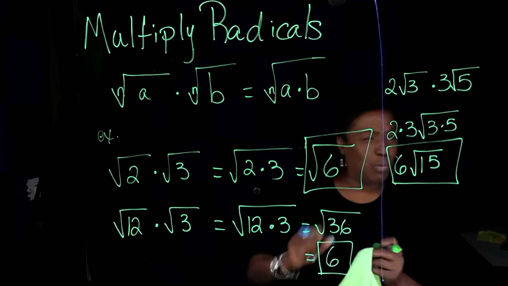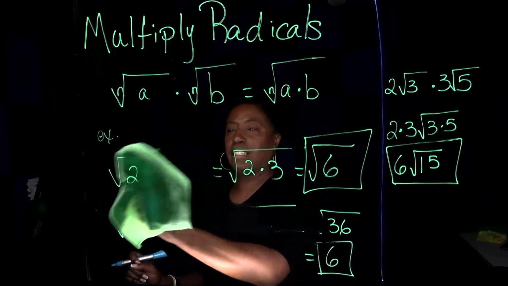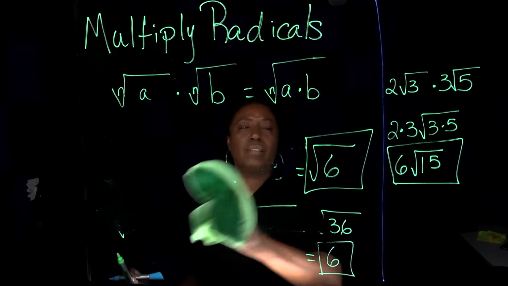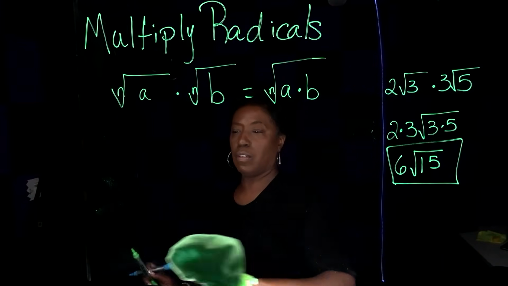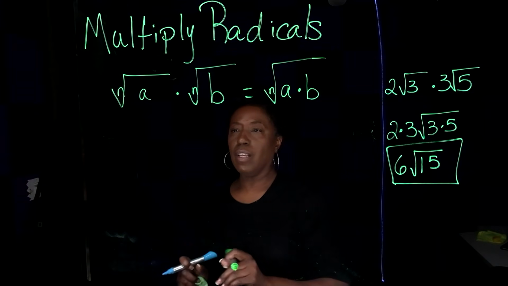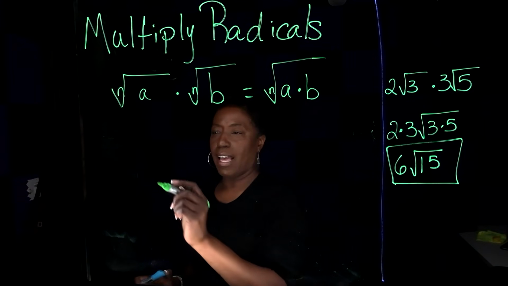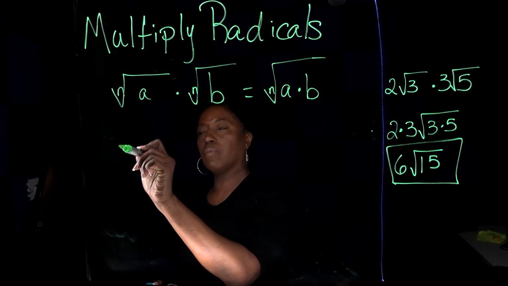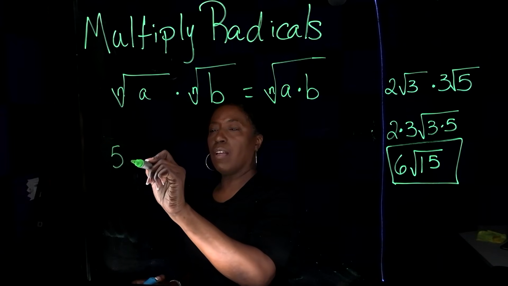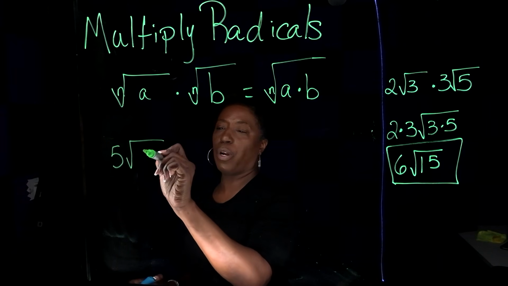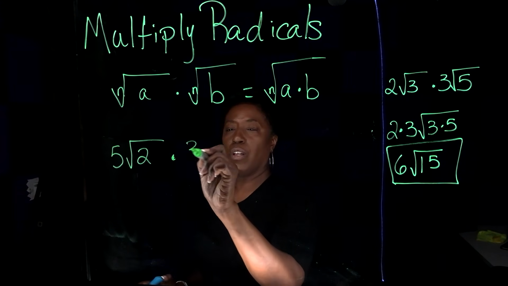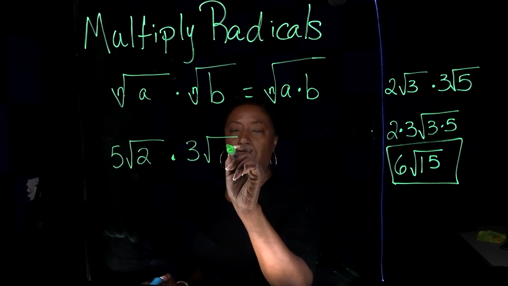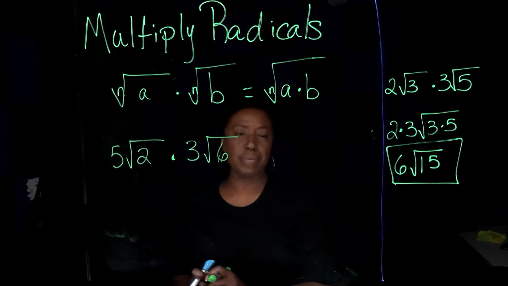One more, maybe two more. Let's say if we had 5 on the square root of 2 times 3 on the square root of 6.